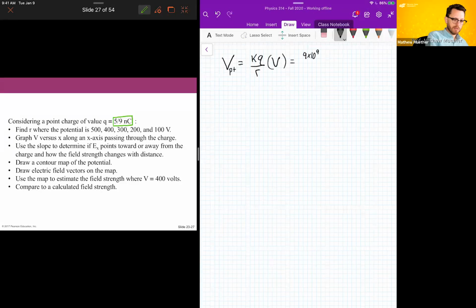And then we know what the charge is in this case. It's 5/9 times 10 to the minus 9 coulombs of charge divided by r, right? That's what we're trying to find, those r's for these particular values. And that's going to end up with the units of volts.